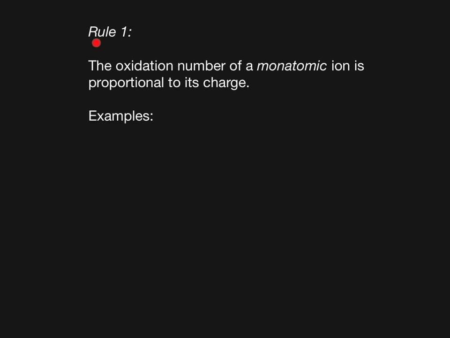So the first rule, the oxidation number of a monoatomic ion is proportional to its charge. So a couple of examples would be that, let's just say that we have titanium 4+. Its oxidation number, which I'm just going to denote as O.N, is going to equal +4.